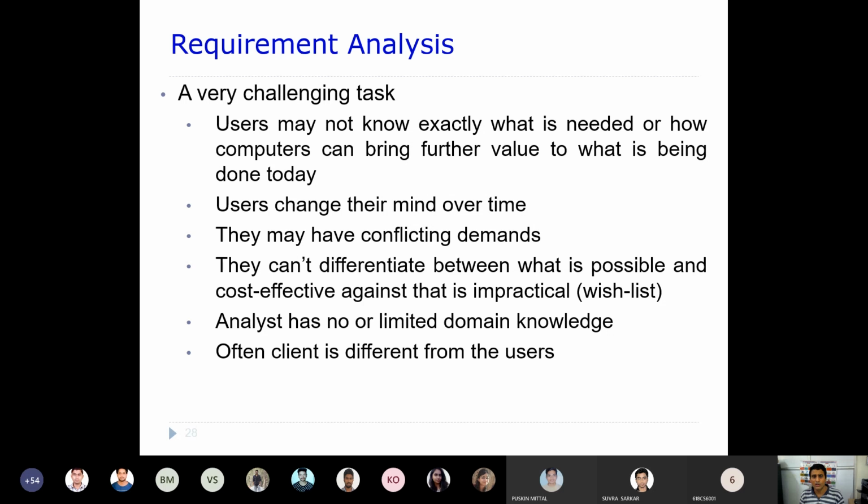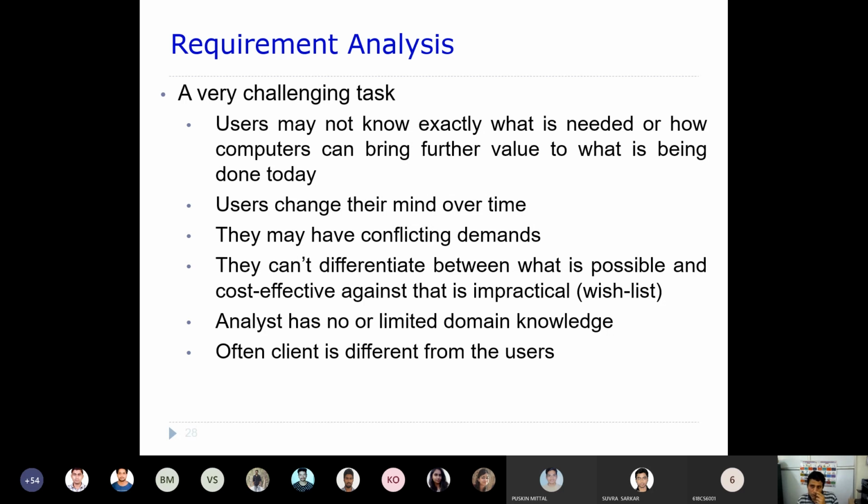So that is also not known. Users change their mind over time because the requirements are changing over time. Okay, they may have conflicting demands, and certainly they do have some sort of conflicting demands.